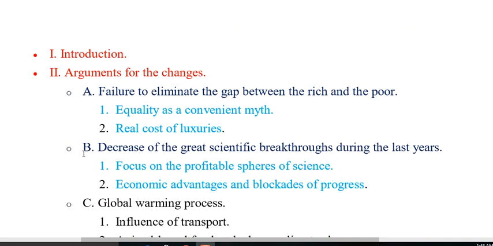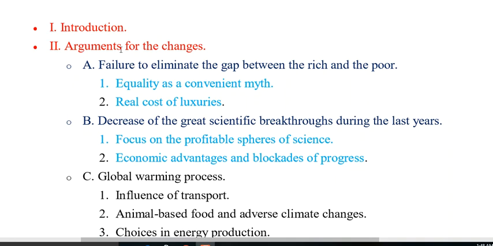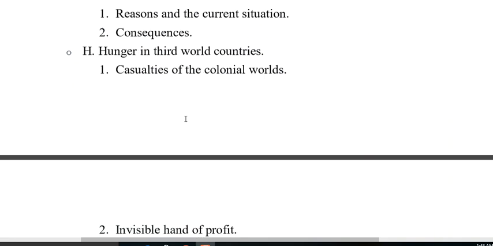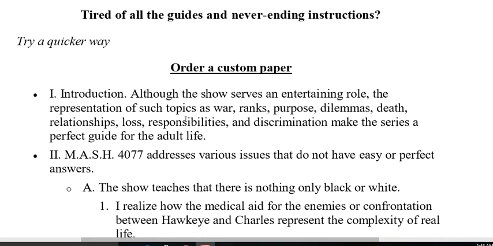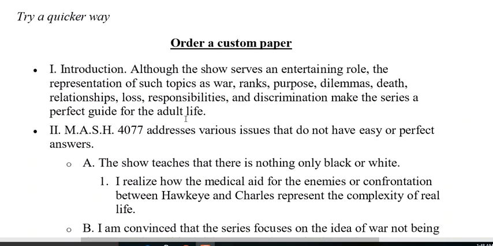Like we have this one, arguments for the change, simple, a phrase, and a section A, failure to eliminate the gap between the rich and the poor, and its subsections, equality as a convenient myth, second, real cost of luxuries. You find that this structure is not a sentence structure, but amazingly the structure and the format of this outline is different.